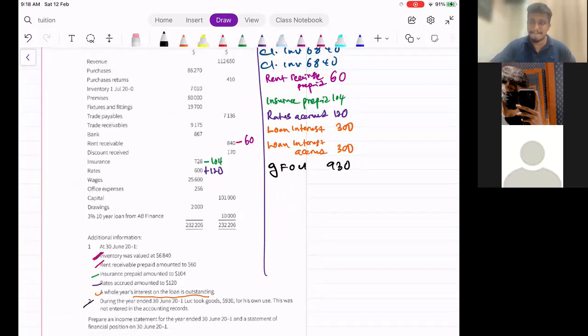You don't know. Okay, goods for own use means, you know what goods are, right? The thing that you are going to sell, the thing that you buy with the intention to sell it back. At first you buy, you want to sell. Then you record in which account? Whenever you buy goods, you record in which account?